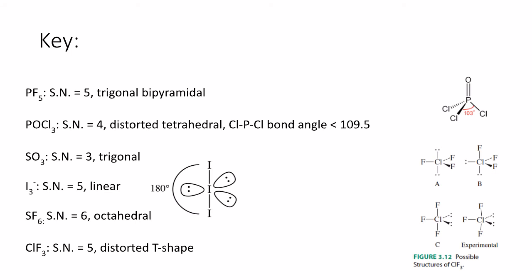POCl3, steric number should be 4. Again, you look at phosphorus. Phosphorus start with 5 valence shell electrons, and the number of electrons involved in bonding are also 5 because there are 3 chlorine atoms, each require 1 single bond. The oxygen would require 2 bonds to fulfill its octet rule.